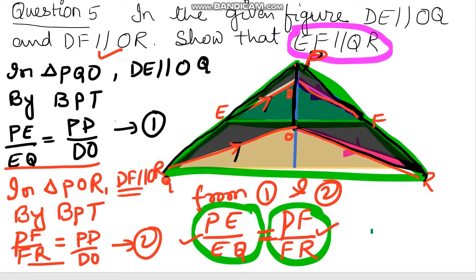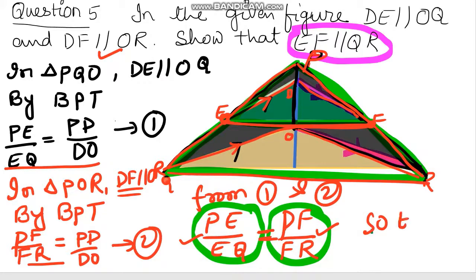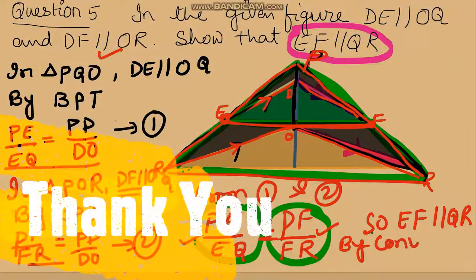See here, PE divided by EQ, that means this is the point, is equal to PF by FR. So this is the point, that means EF is a line parallel to QR. So EF parallel QR by what? By converse of basic proportionality theorem.